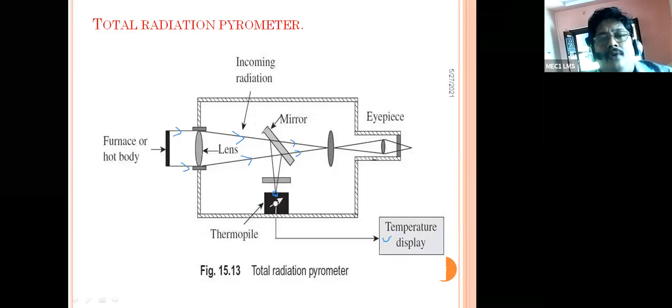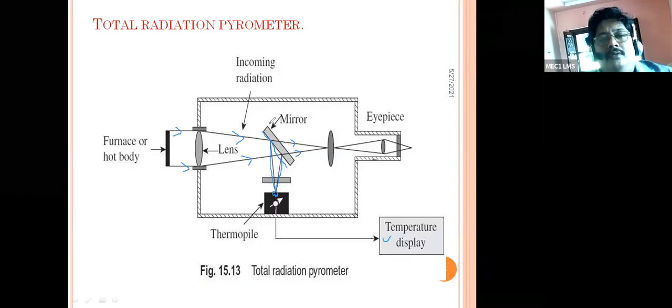When it falls here, it falls on the mirror. All of you observe clearly. From this point to the radius, that means it is one direction, and for this direction, this is another direction.